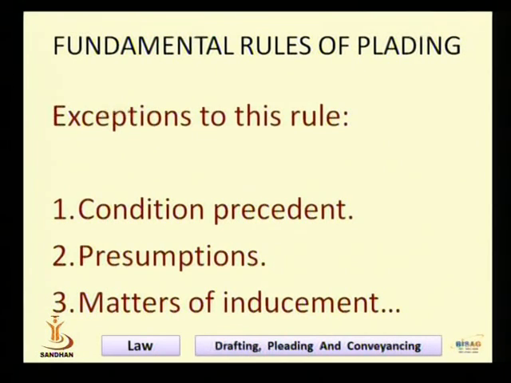before the government or a government officer, then a notice under section 80 must be given to that particular authority.